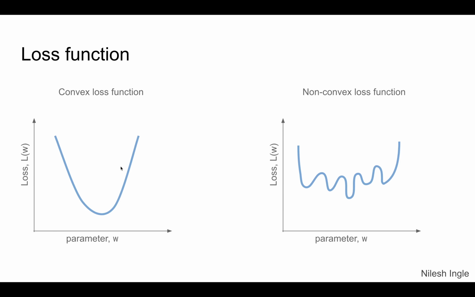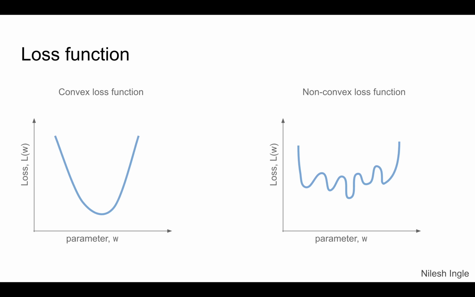Ideally, what we want a loss function to have is just one minimum point so that we get the lowest possible loss. That is to say, we get the least difference between the actual value and the predicted value.